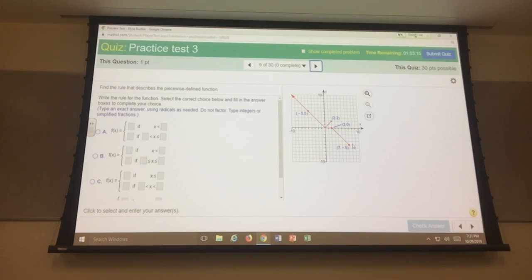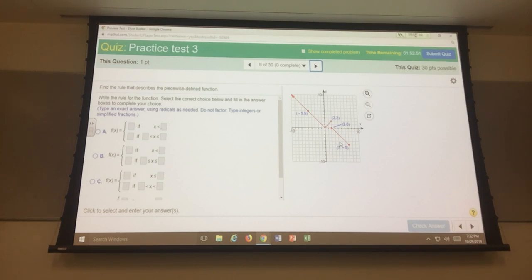Negative, because it's going down. So that's basically like negative x, but with maybe a different slope or y-intercept. We'll have to figure that out, but we know at least what its base is.